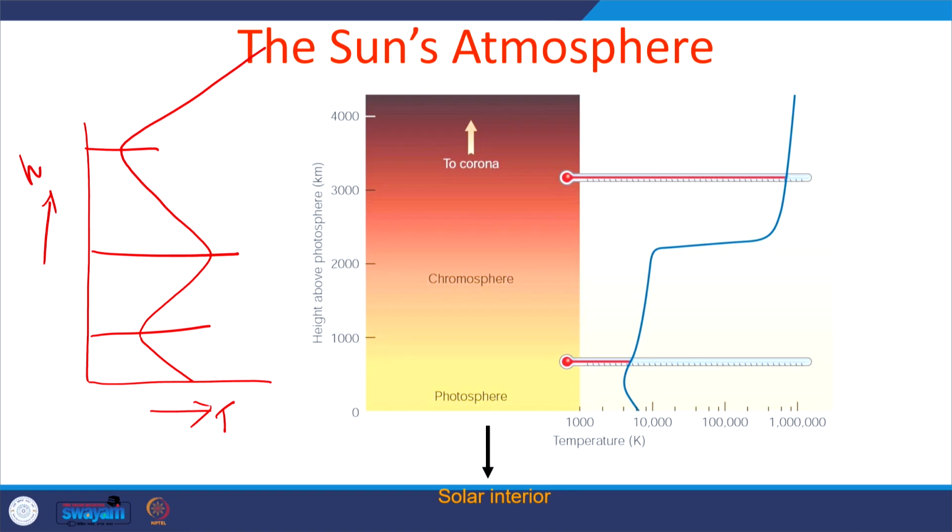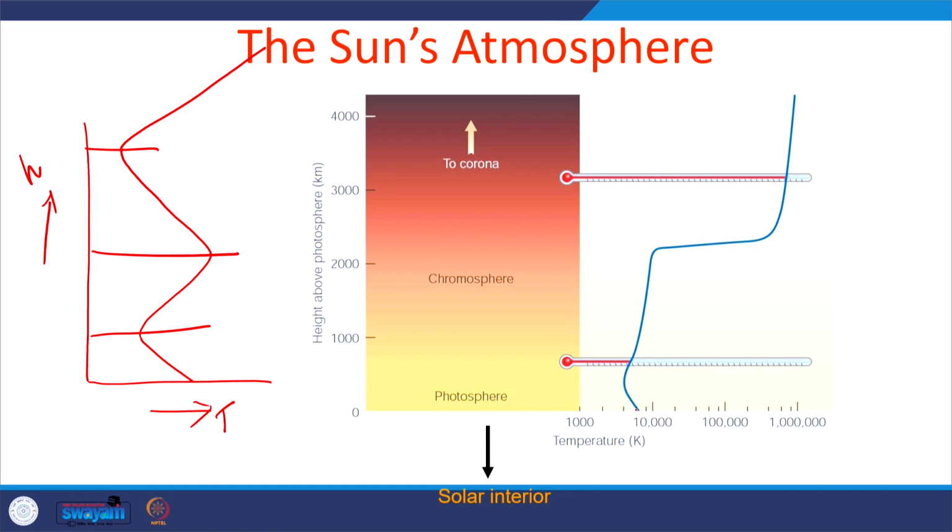So, we know the reason why the temperature changes the way it does in the case of Earth's atmosphere, and this seems to be very logically easy to accept, that temperature decreases because of certain species in the mesosphere, etc. But if you look at the temperature change with respect to height in the case of sun, it will appear that the photosphere temperature can be 6,000 or 5,800 Kelvin.